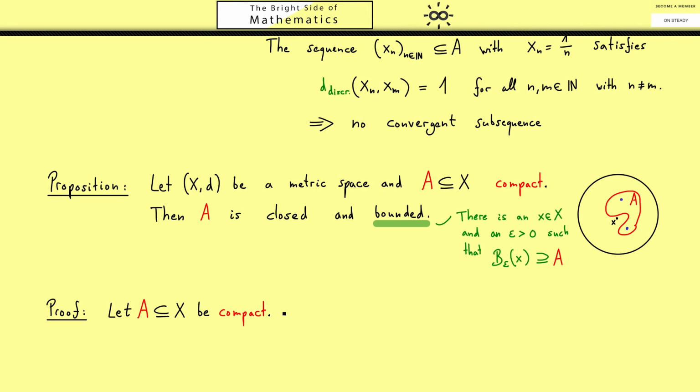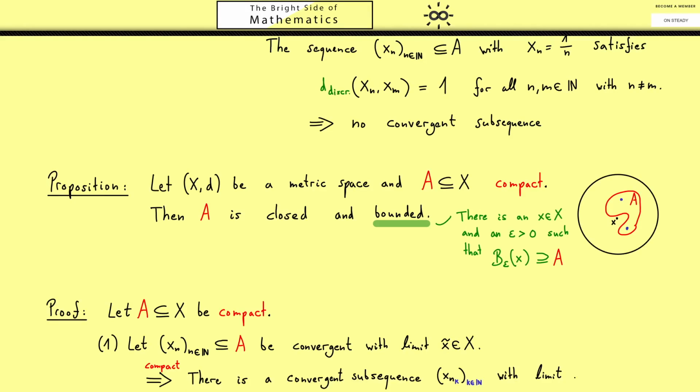Starting from a compact set, we have to do two things. First, we want to show that A is closed, so let's choose a convergent sequence in A. Hence we know there is a limit x tilde in X. Now recall, if we can show that x tilde is actually in A, then A is closed. Using the compactness, we immediately get the result for a subsequence. Hence we have a convergent subsequence with limit in A, and maybe we call this limit x tilde tilde.